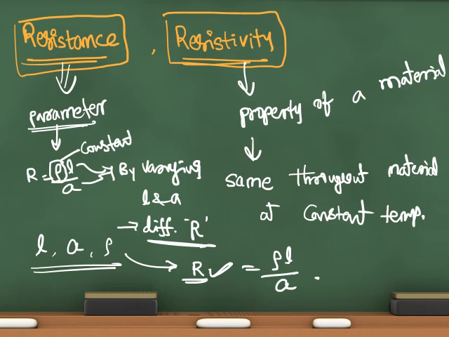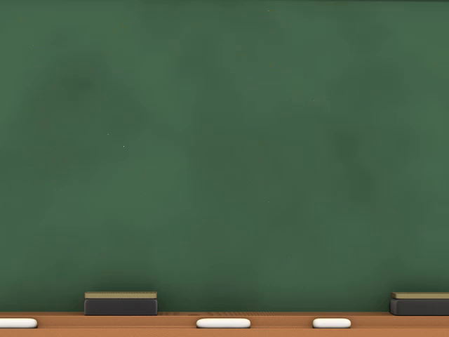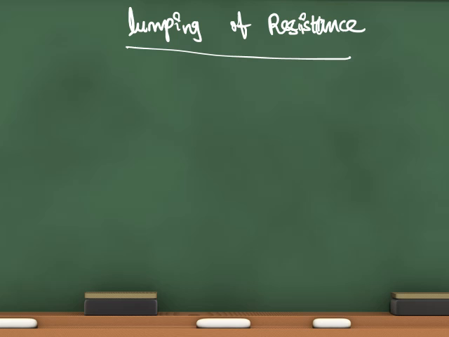Then what happened when we deal with resistance? That means when we abstract this concept into our real network, and lumping of resistance.